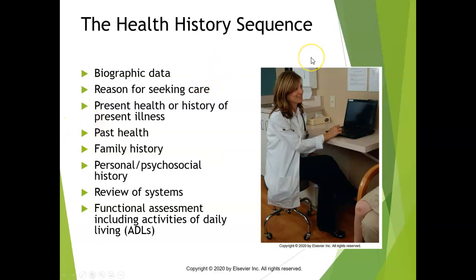So the health history, we do it in this sequence. We start with biographical data. Your biographical data are things such as age, culture, gender identity, language, height, weight, those kind of things.